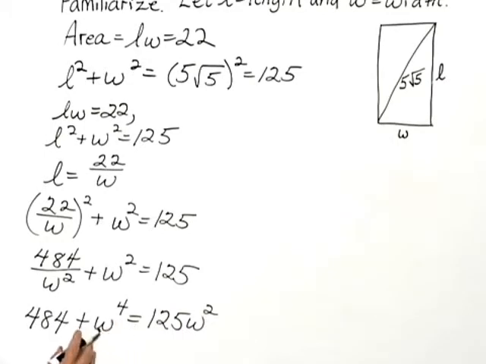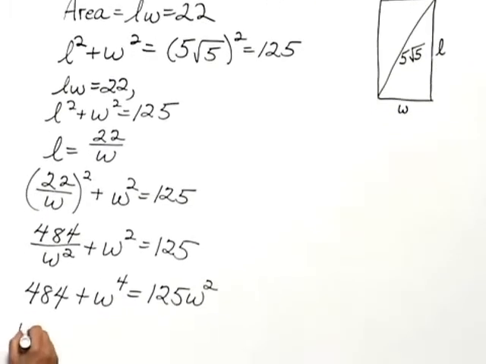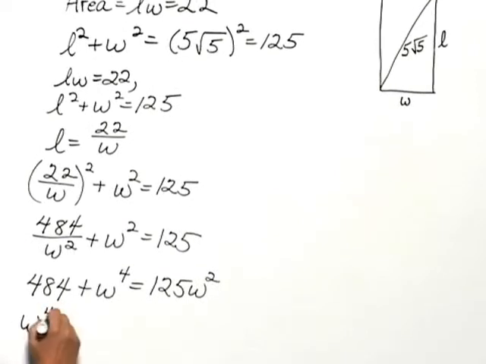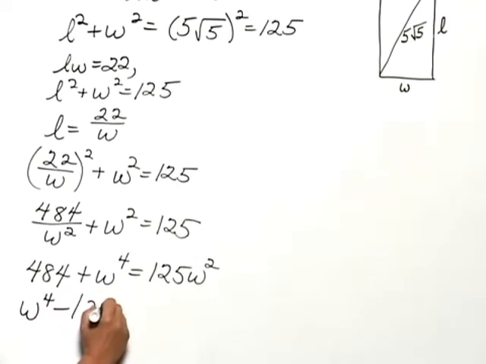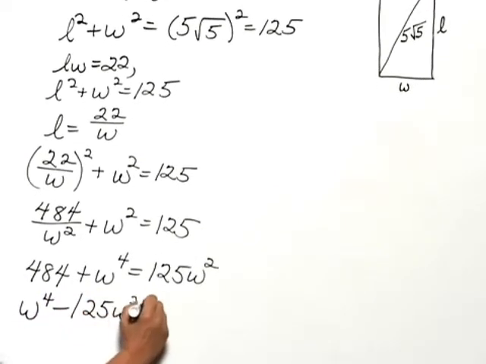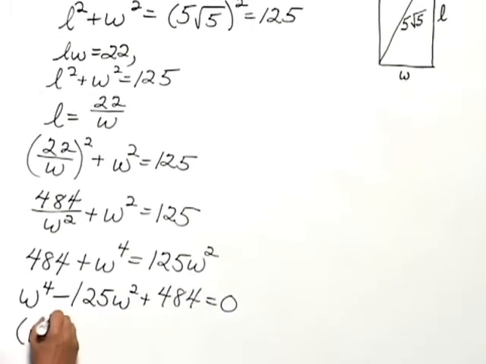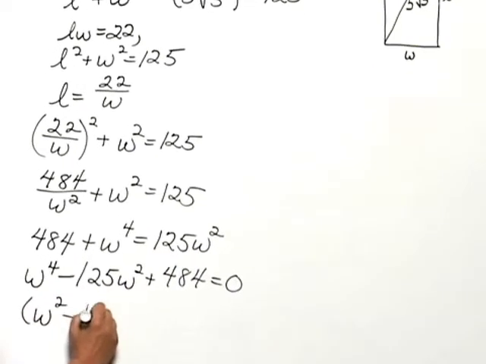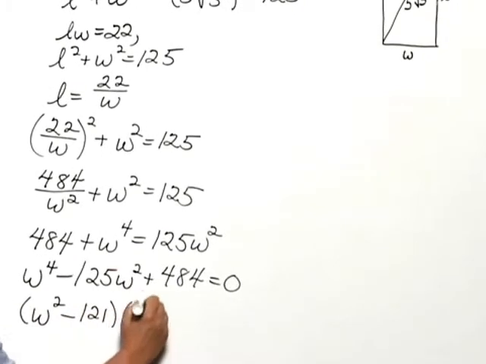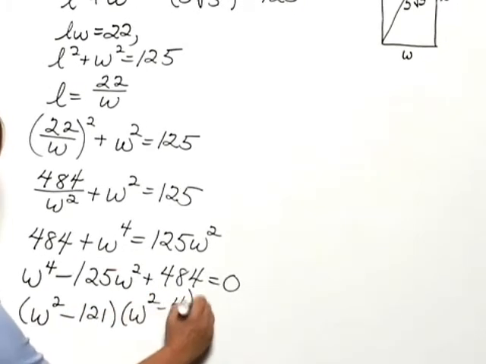Now we need to subtract 125 W squared from both sides, get a 0 on one side, and we'll be able to factor. This gives us W to the fourth minus 125 W squared plus 484 equals 0. And this factors into (W squared minus 121) times (W squared minus 4).